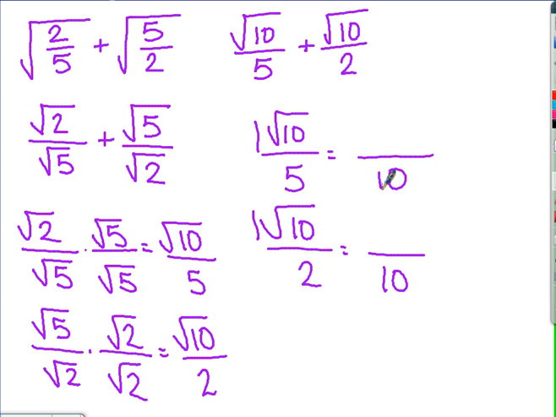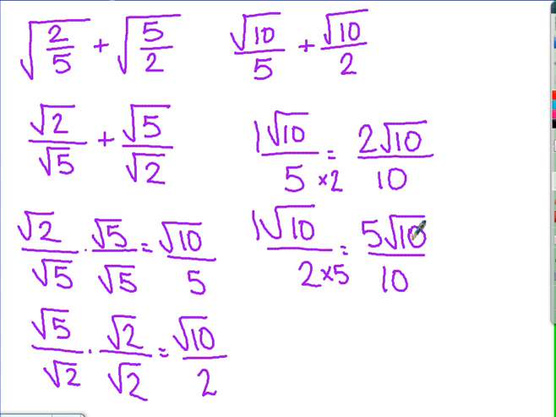So 5 times what gave me 10? Well, that's 2. So we're going to do 2 times 1, which gives me 2, and we bring over root 10. 2 times what gave me 10? That was 5. So we're going to do 1 times 5, which is 5. Again, treat the root like a variable and bring it over, root 10.